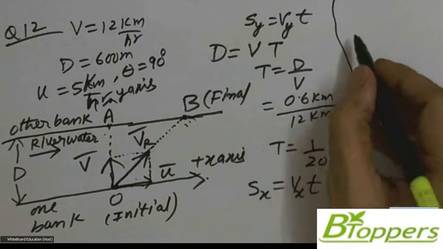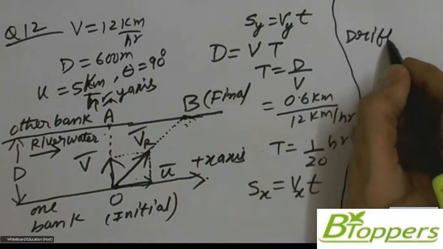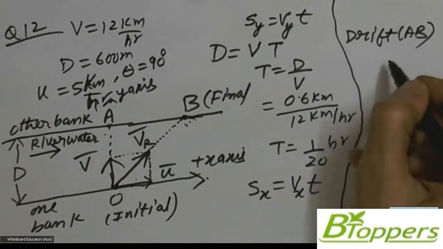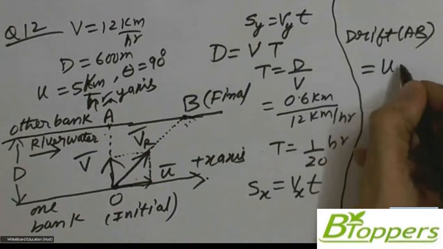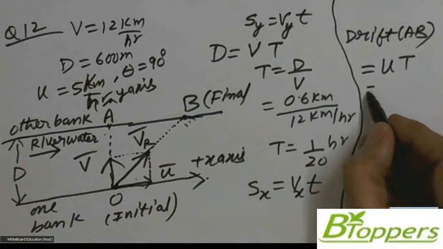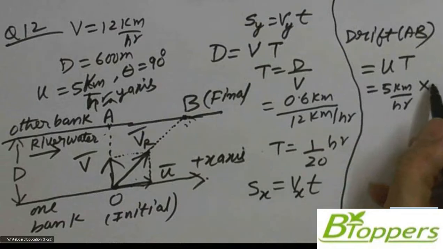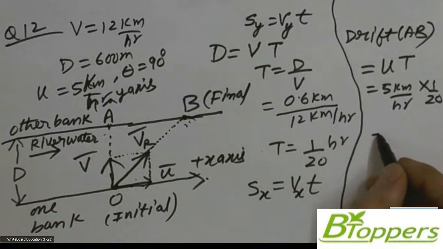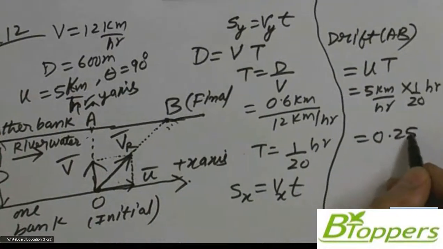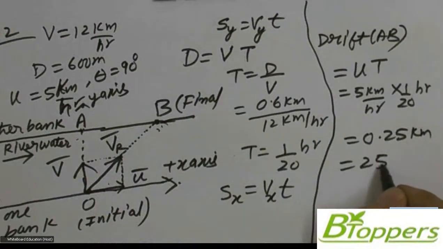When the boat just crosses the river and reaches the other bank, the displacement in the x direction is equal to the drift. Velocity in the x direction equals U. So here U is equal to 5 km per hour and t is equal to 1 by 20 hour. That will be 0.25 kilometer, or 250 meter, is the answer.